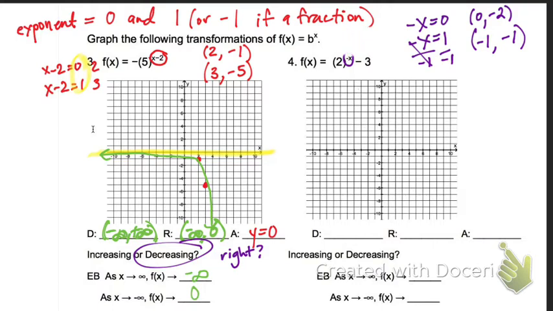I'm going to plot both of those points. Now, my asymptote is my k value, which is what? -3. You keep this sign for asymptote.